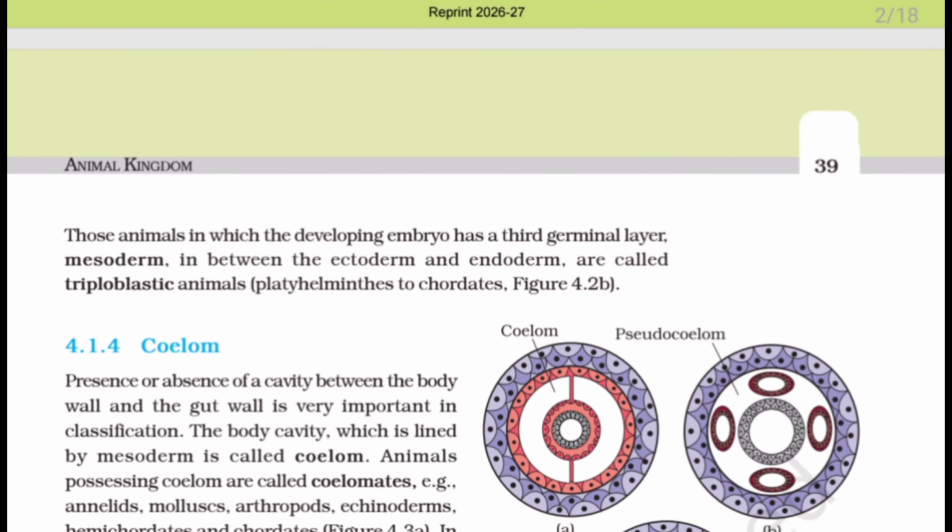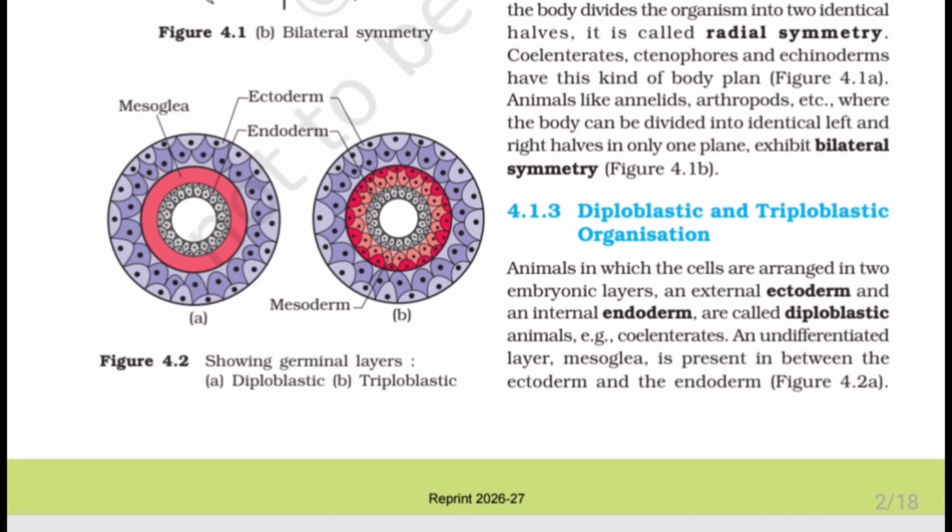Those animals in which the developing embryo has a third germinal layer, mesoderm, in between the ectoderm and endoderm are called triploblastic animals, Platyhelminthes to chordates, in figure 4.2b.